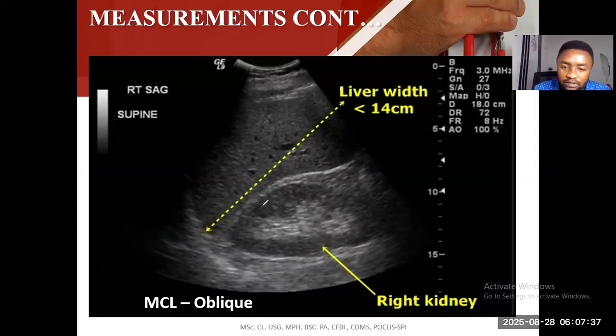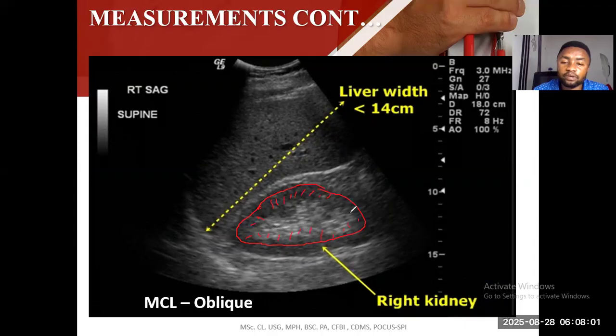It passes here like that. So all the hypoechoic stuff over there, we are not treating the kidney now, but the medulla is somewhere here.